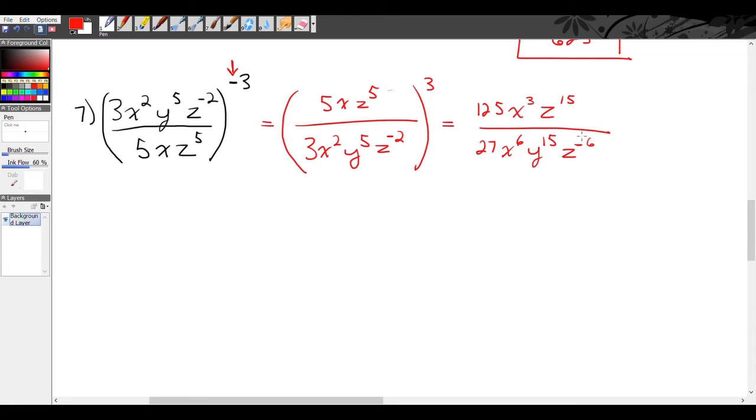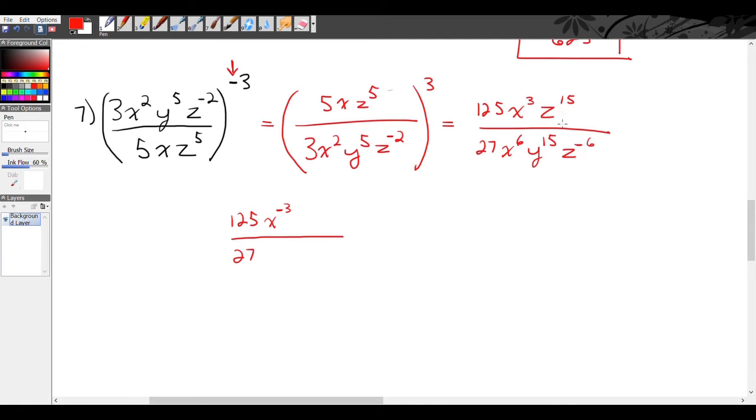Okay, now we need to take care of our division. So let's take care of our division. The 125 is going to stay here, and the 27 is going to stay here. And let's take care of now the x's. X to the third divided by x to the 6th. We subtract the exponents. 3 minus 6 is negative 3, so it's going to become x to the negative third power.